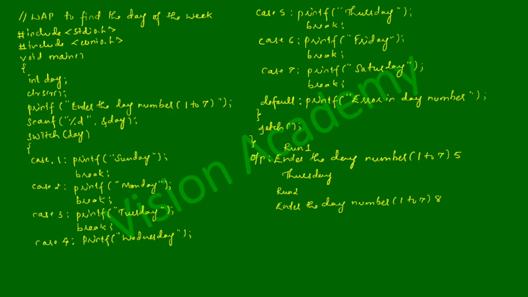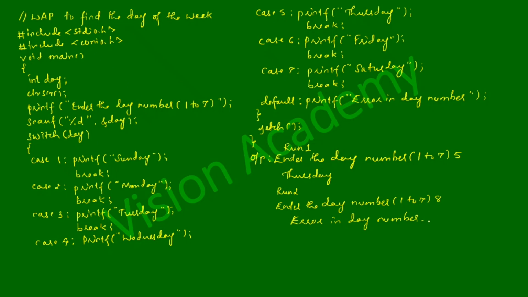So 8 will compare with the case labels. 1 is not matching with the number 8. Here it is not matching with 2. 8 is not matching with 3, 4, 5, 6 and 7. So here the expression in the switch statement is not matching with any of the case labels. So hence in that situation the default statement will get executed and it is going to print error in day number. I'm going to write here error in day number will be printed.